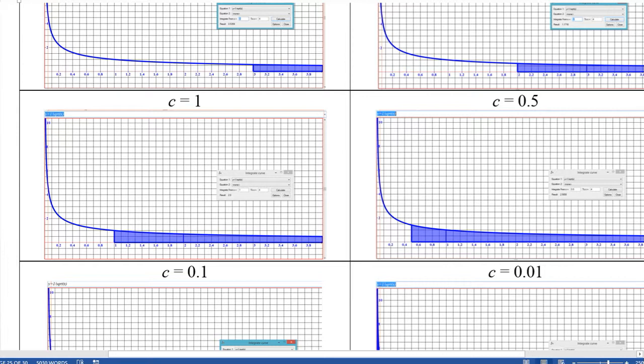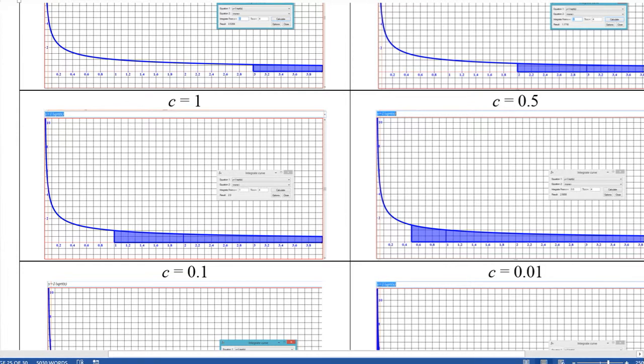It looks like that's just 2. That's interesting. Then if we go to a half, we've brought it over from 1 to 0.5, and that looks like 2.5 something.